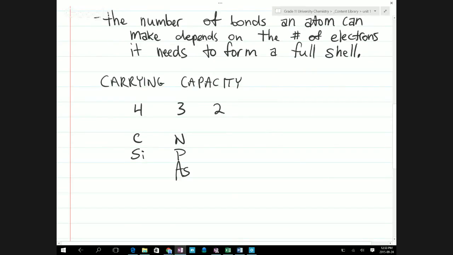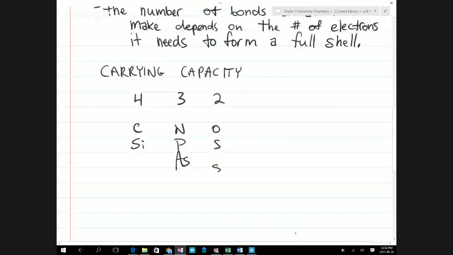Great. What ones can make 2? Oxygen, sulfur, selenium? Yeah. And tellurium typically, right? And what ones can make 1? Chlorine. Yeah.